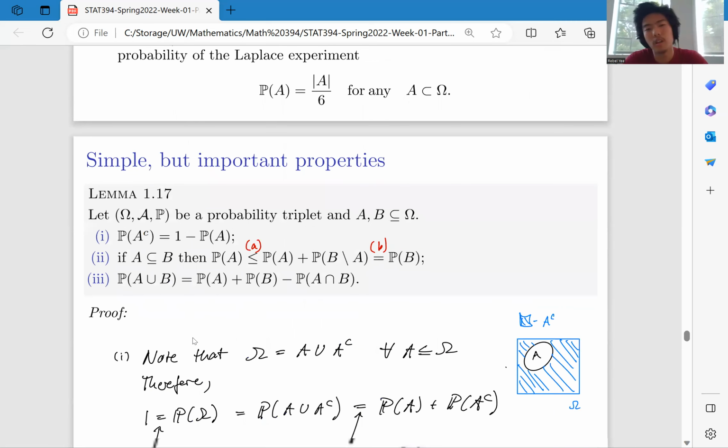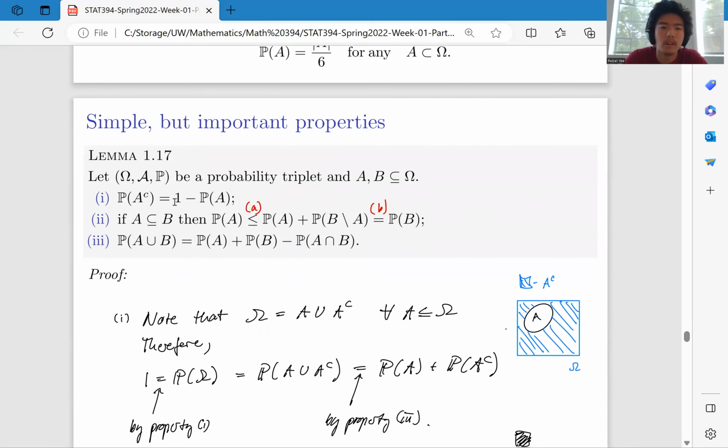And here we want to discuss some more properties of the probability measure. So let omega, F, P be a probability triplet, and A, B belong to the set of omega.